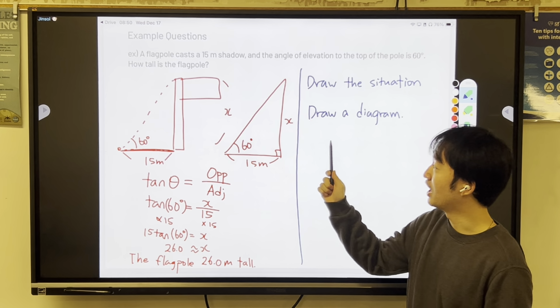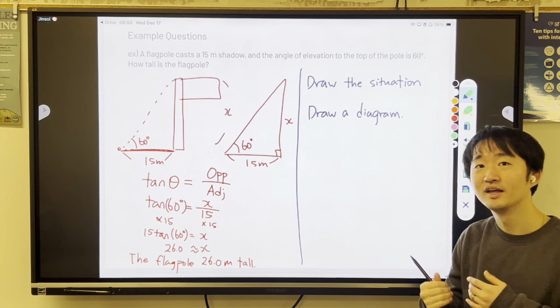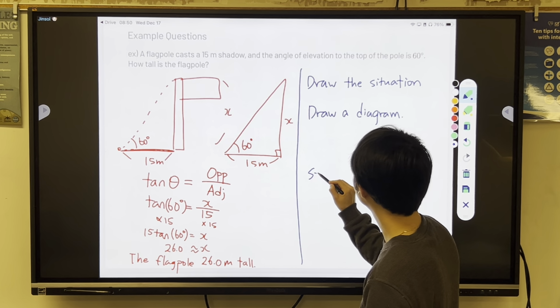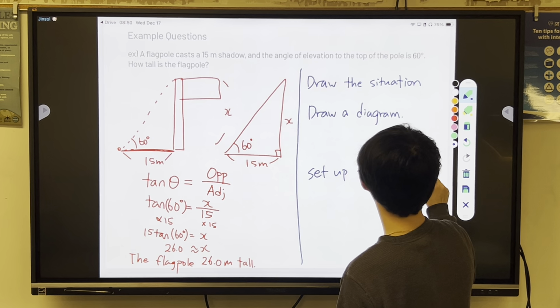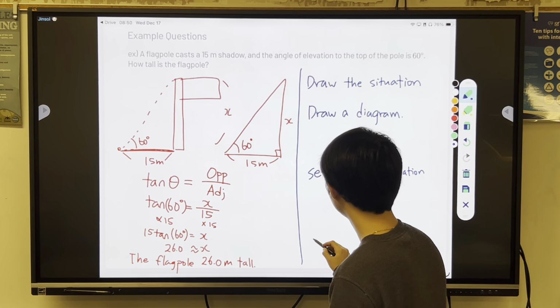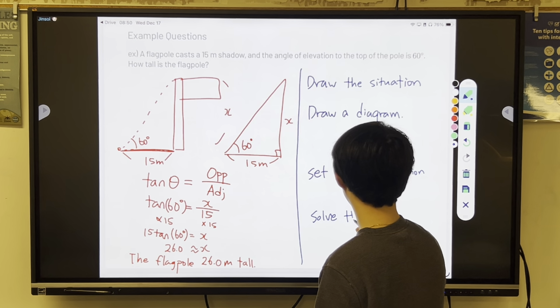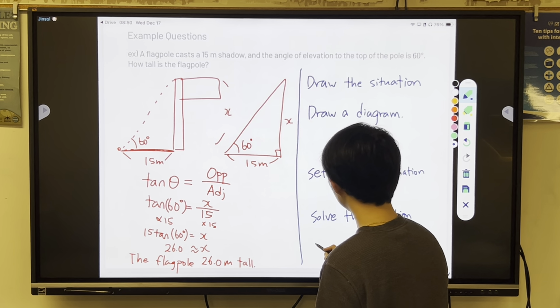We draw the diagram version of the situation, so we only include the necessary information. And then we set up the equations. And solve the equation. And then we answer the problem.